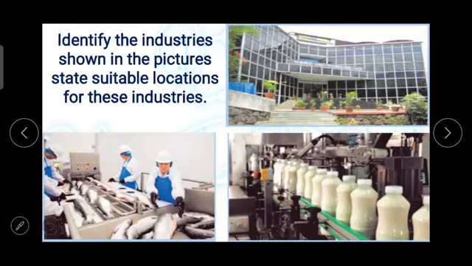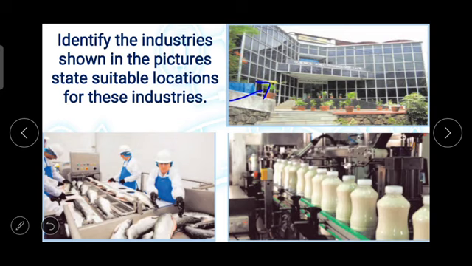Now again, three pictures or images are given in our textbook, and the heading for this is identify the industries shown in the pictures and state suitable locations for these industries. So here the first one, you can see science and technology park is written there.